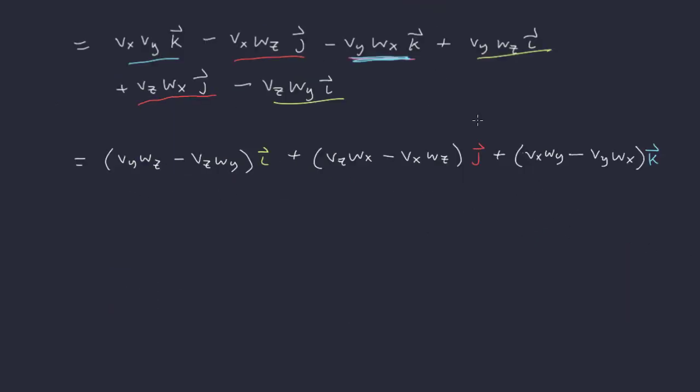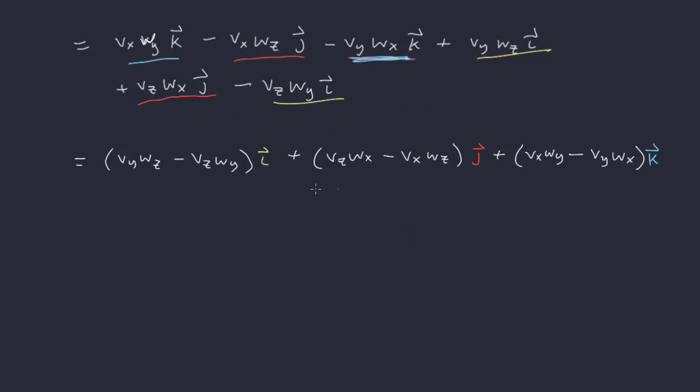Alright, so now I've combined all my like terms and put it in a simplified way. I will note there was a typo here. That should be a Wy, not Vx, Vy, Vx, Wy. I didn't remember to fix that in the editing software.